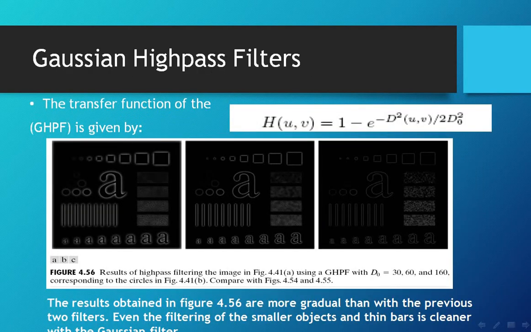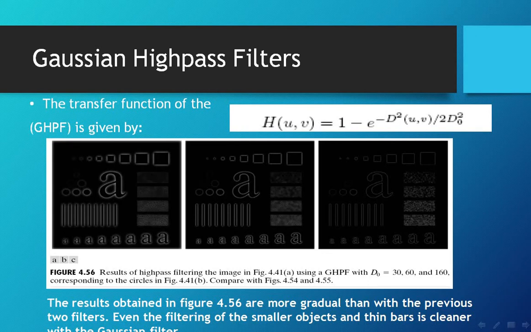Gaussian high pass filters. The transfer function of a Gaussian high pass filter is given by H(u,v) equal to 1 minus e to the power of minus D squared(u,v) divided by 2 D0 squared.